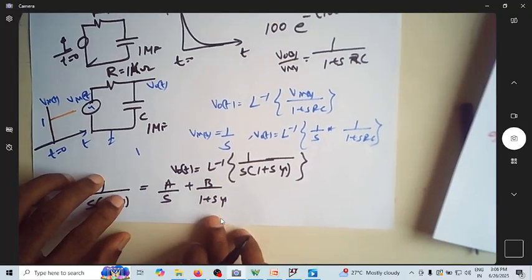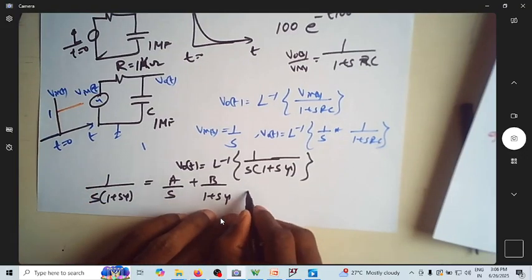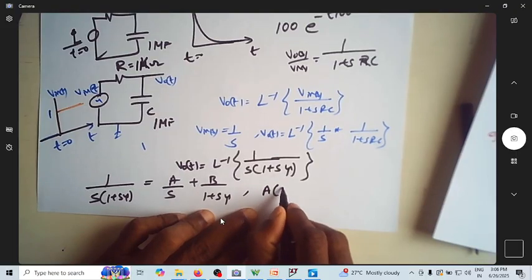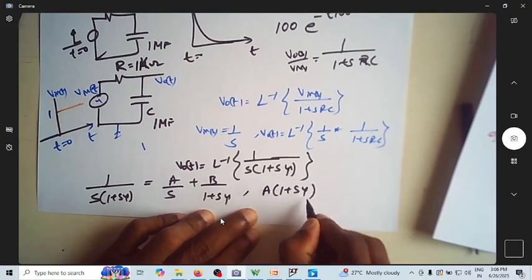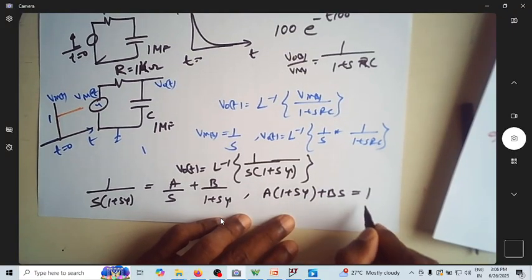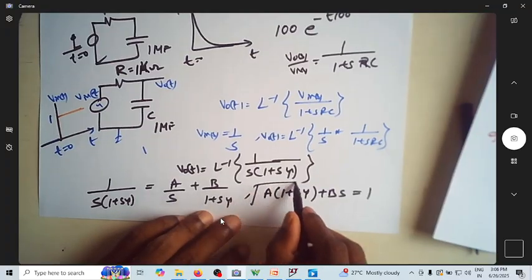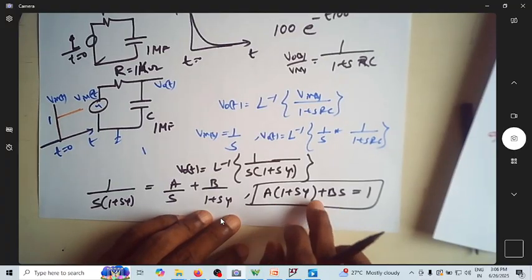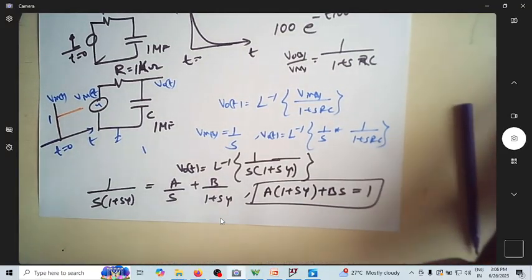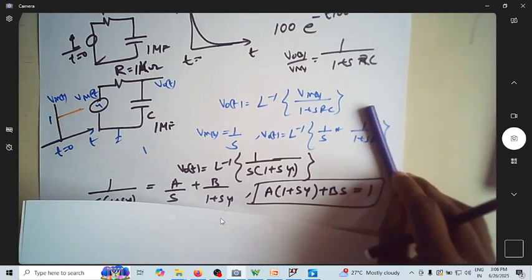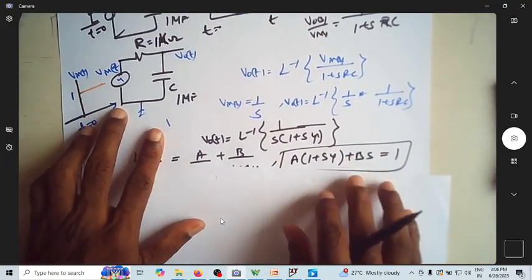So it is equal to this. Now upon simplifying, I can write it as a into 1 plus s tau plus b into s equal to 1. This is my equation. Now I have to solve this equation to get the values of a and b by equating the coefficients of s and s power 0.